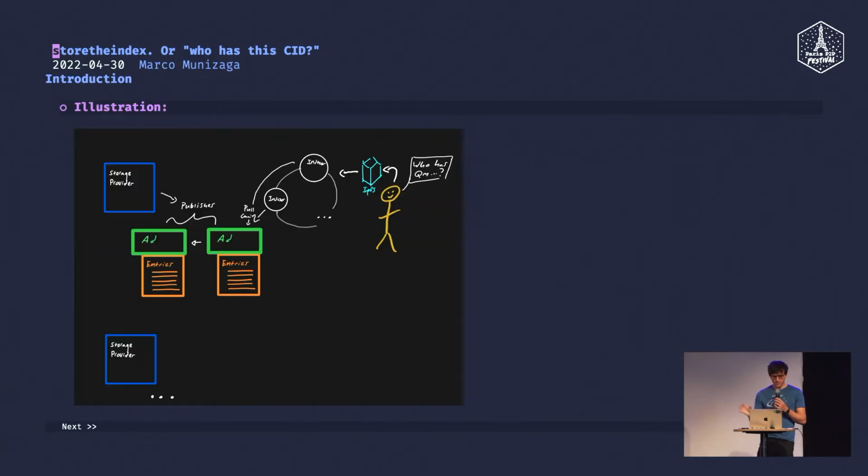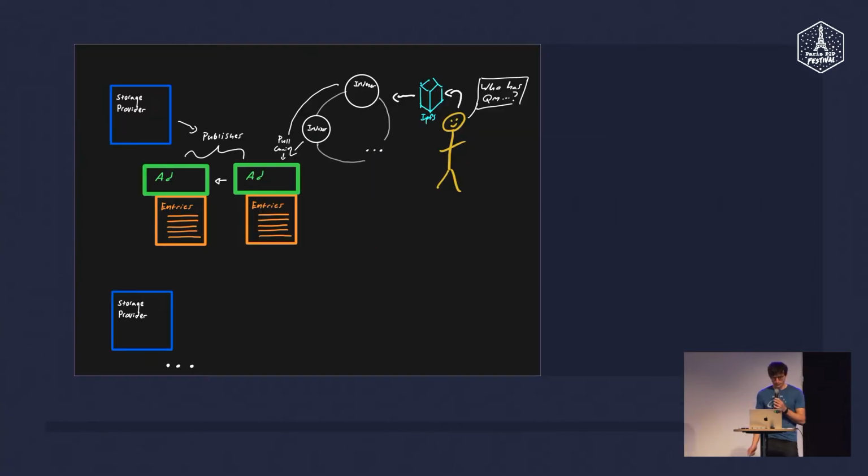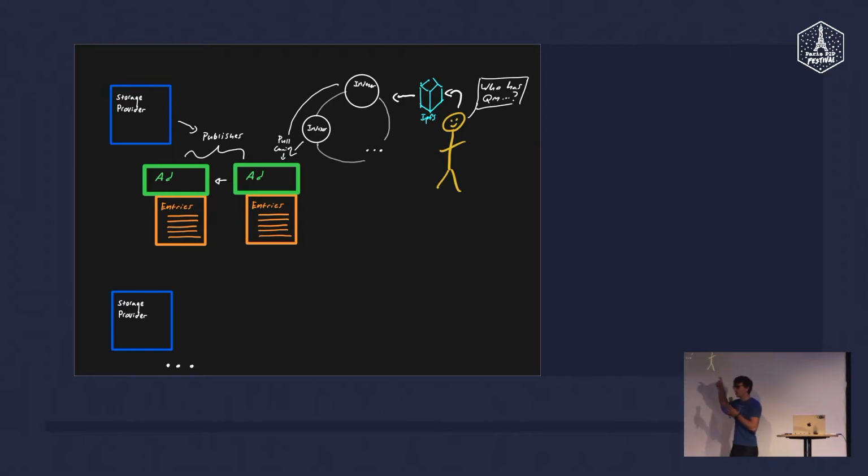I think an illustration kind of helps. So this is some user. They ask IPFS, hey, I want some data that's referenced by this CID. IPFS asks Storetheindex, or this indexer network.